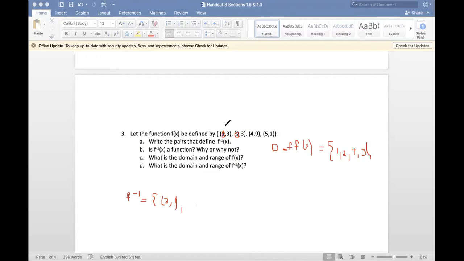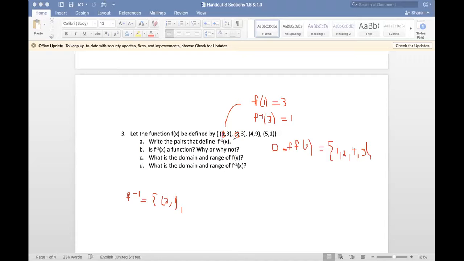The way we look at this tells us that f of 1 is 3. Then the inverse just undoes it, so it reverses things. f inverse of 3 is 1.